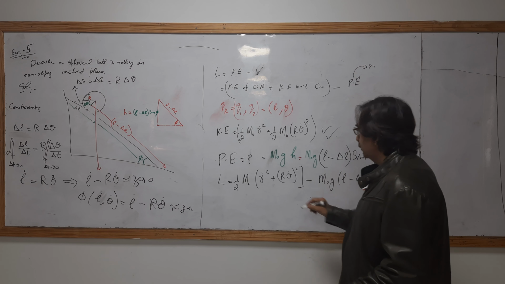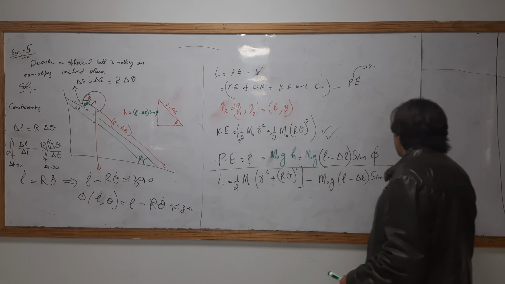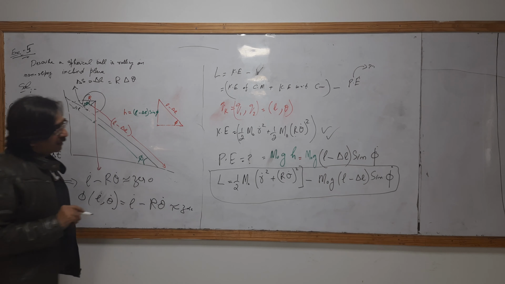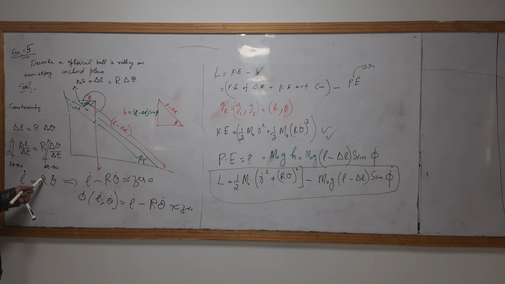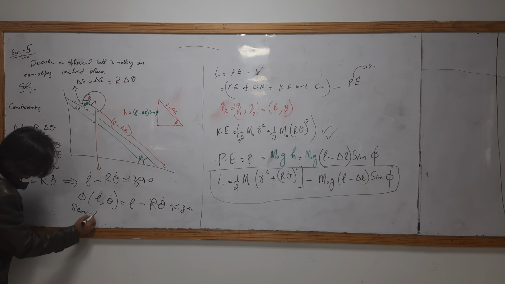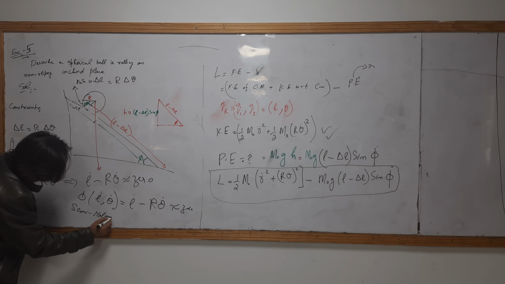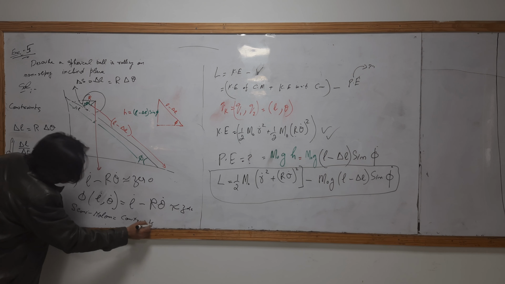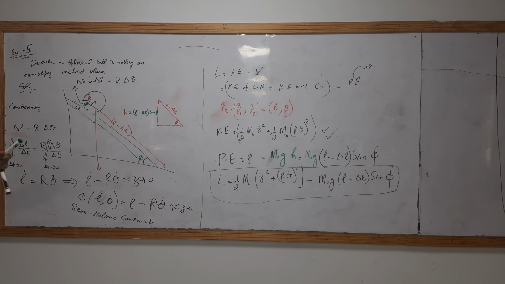So this will be your Lagrangian. This is a semi-holonomic constraint, and that will be the equation of the Lagrangian.